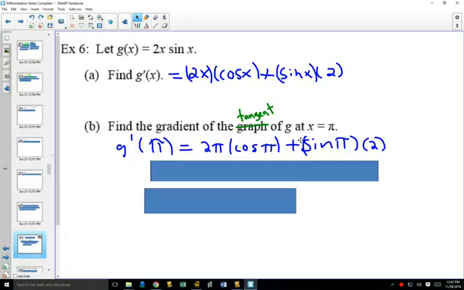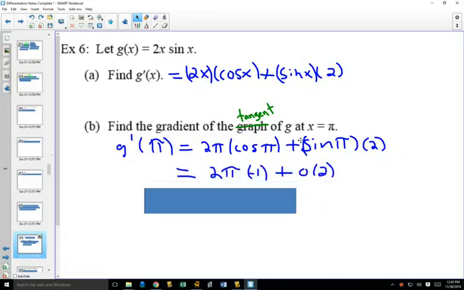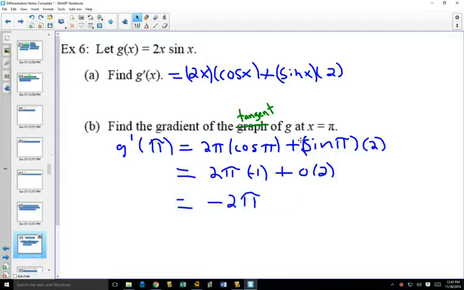So what's cos of pi going to be? -1, and sine of pi? 0. And the math and the simplification isn't too bad.